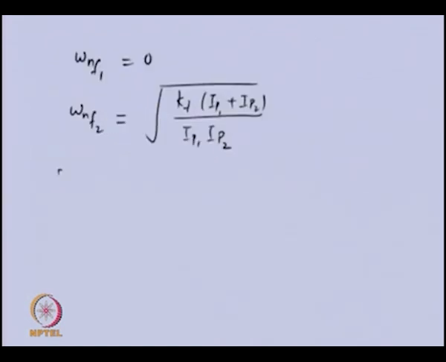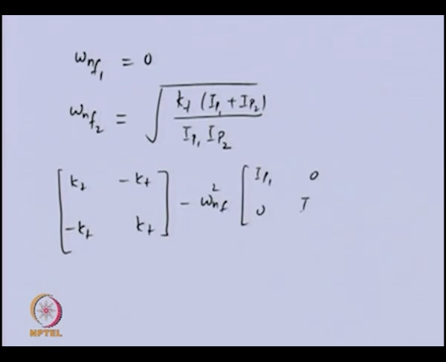So, we have KT minus KT, this is the stiffness matrix, minus natural frequency square times IP1, IP2, and outside we have the displacement amplitudes, the complex displacement amplitudes, this.